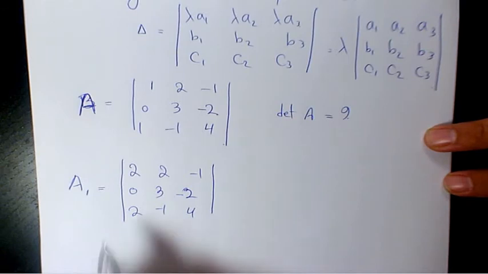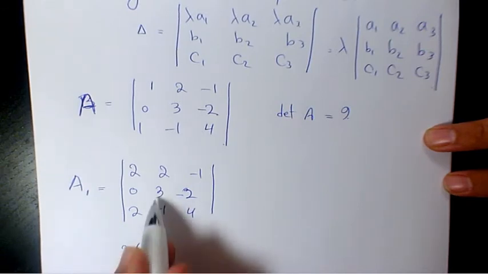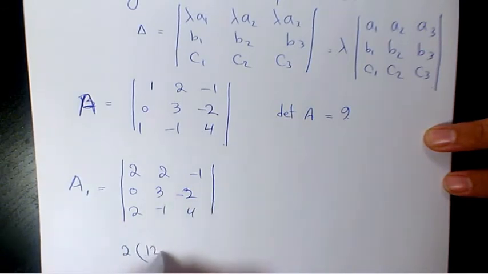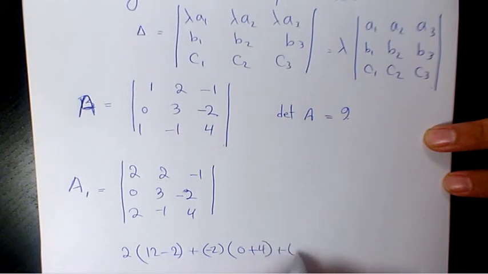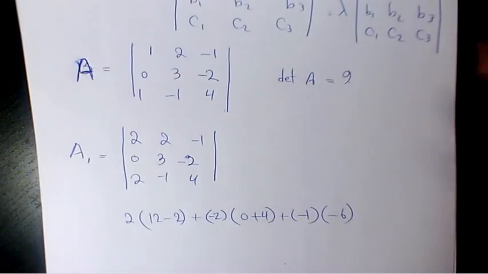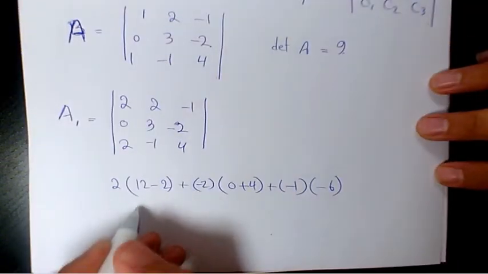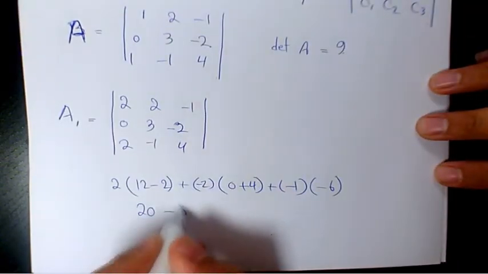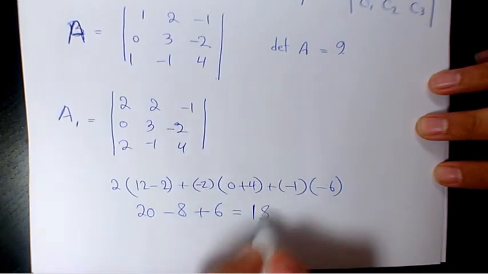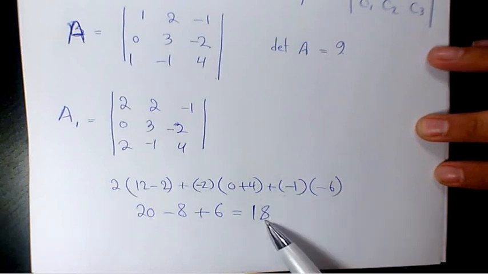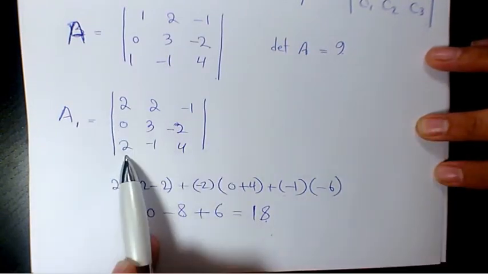So that's going to be basically 2 times 12 minus 2 plus 2 times negative 2 times 0 plus 4, negative 1 times negative 6. 20 minus 8 plus 6. That's going to be 18. So as you see here, 18 is 9 times 2, and we multiplied column 1 by 2.